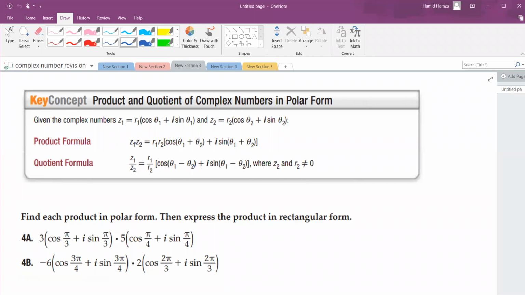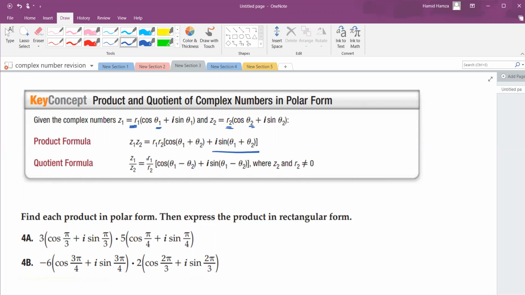So for the product of them, we multiply the moduli r1 and r2 normally, and we add the arguments, the angles theta. So it will be cosine of theta 1 plus theta 2, plus i sine of theta 1 plus theta 2.